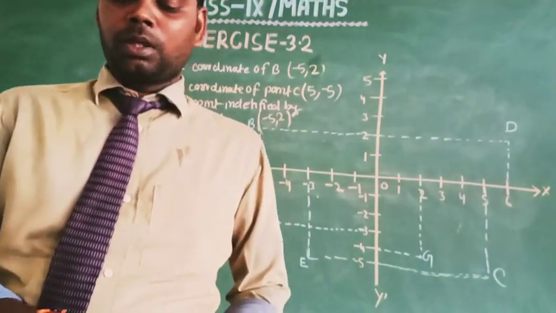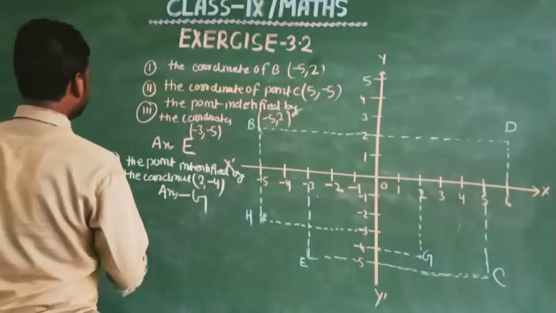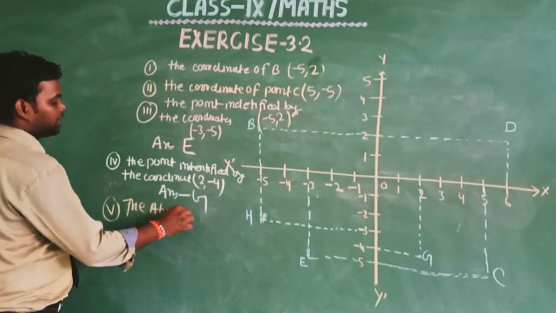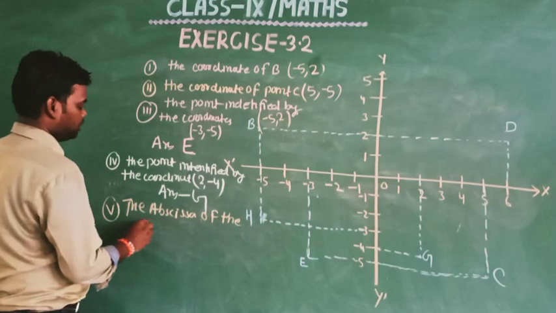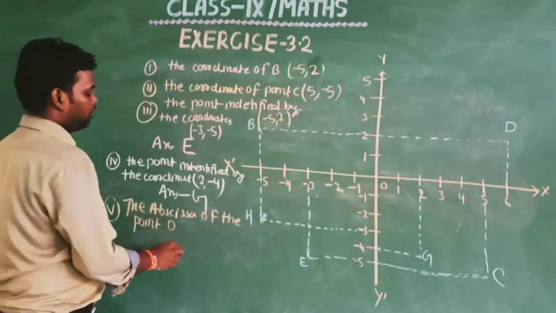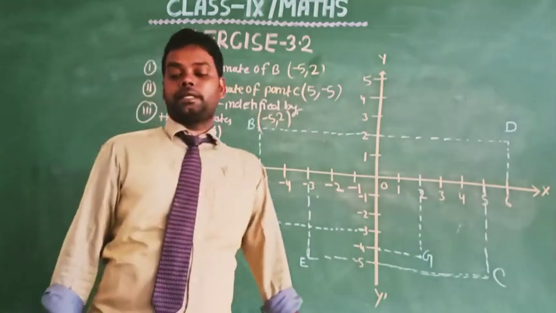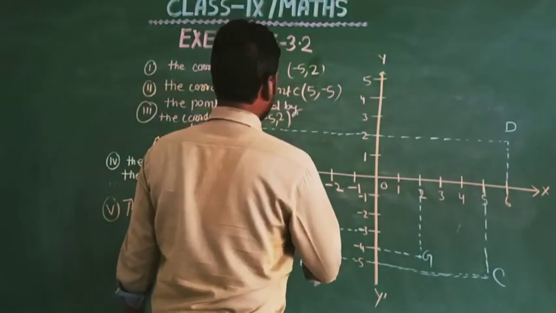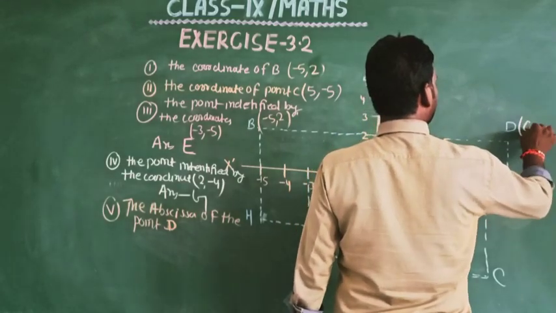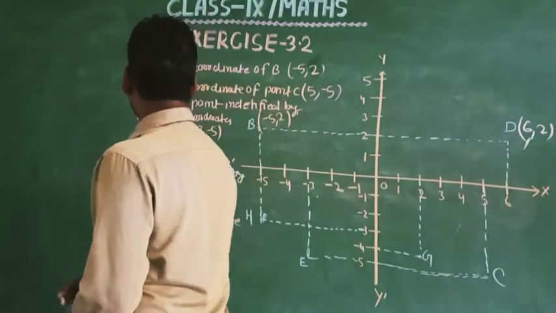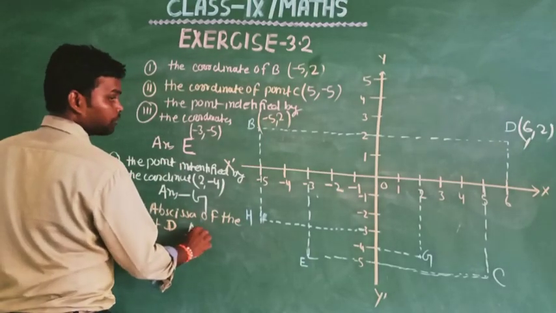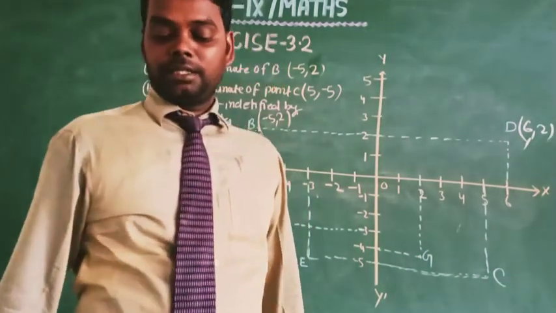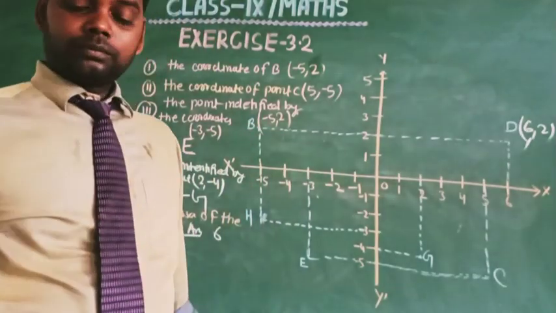Next part is the abscissa of the point D. Abscissa means the x coordinate. Here the point D is 6, 2, so the abscissa of the point D is 6.